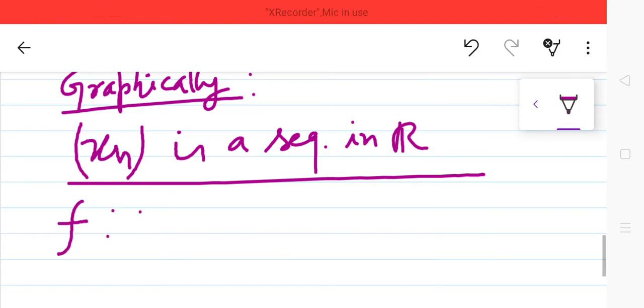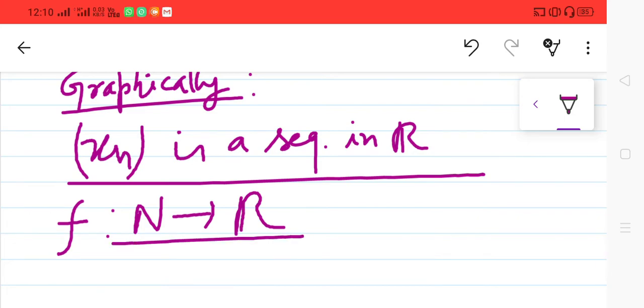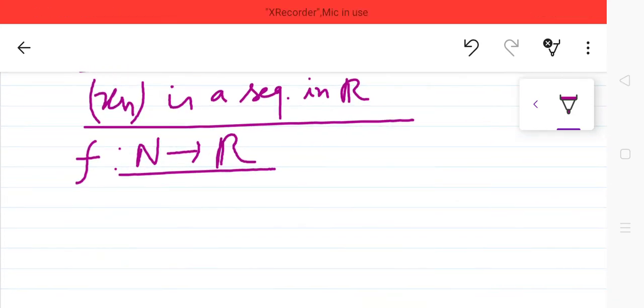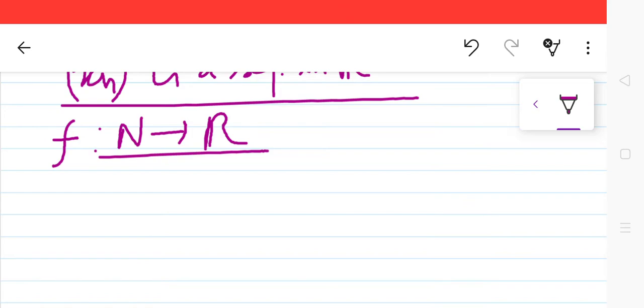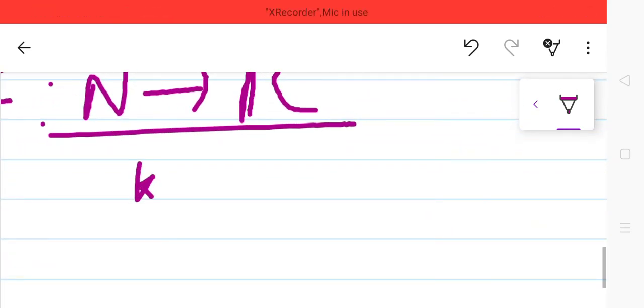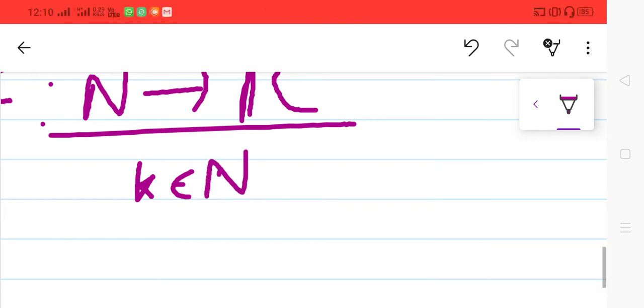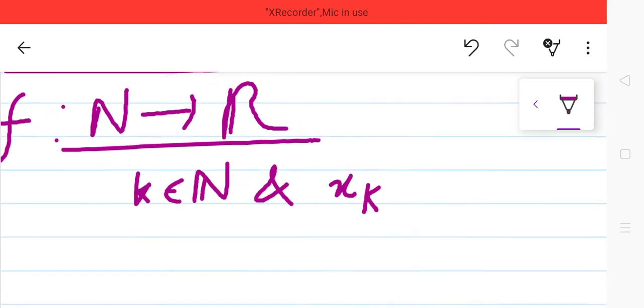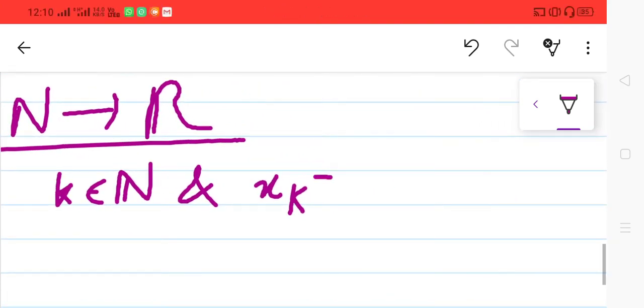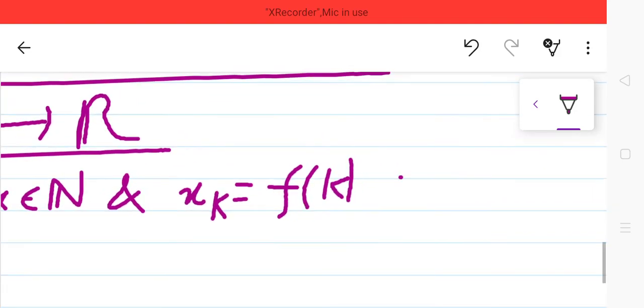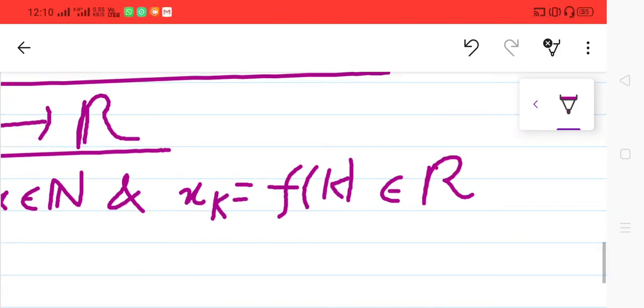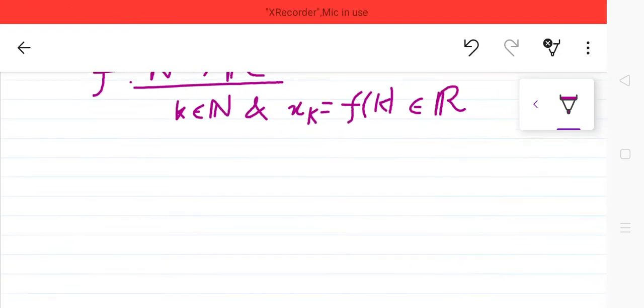It is nothing but a function from N to R, and you know how to plot functions, right? So how to plot this? If I take k belongs to N, and xk is the mapping, it is just f of k, which belongs to the real line, then I can plot this.